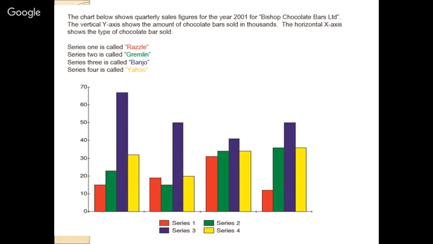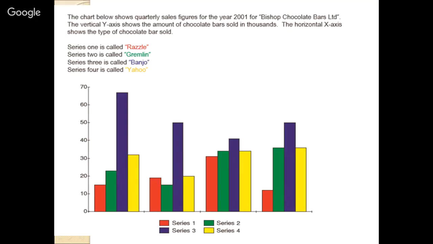Everybody understands what I'm saying? So in identifying and describing the trend, we would say in the first 3 quarters, the sales of Razzle increased, except for the final quarter where we saw a significant decrease in the sales of Razzle. So everyone gets that. Now, let me give you a situation.